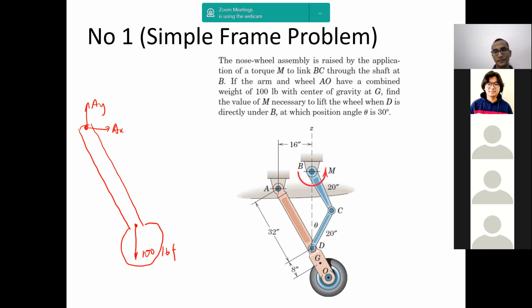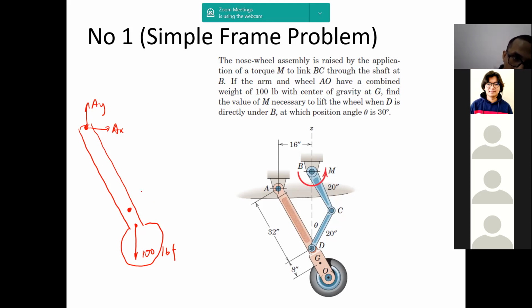And also at D. Remember, CD is a two-force member, so at D we know the direction of the force. As usual, I always assume that a two-force member is under tension.